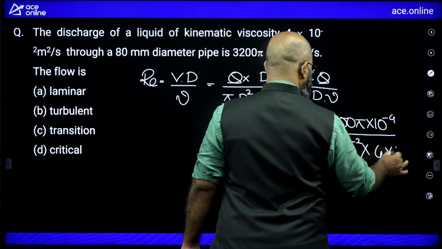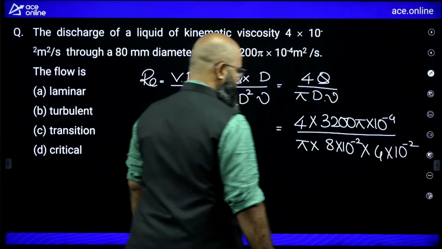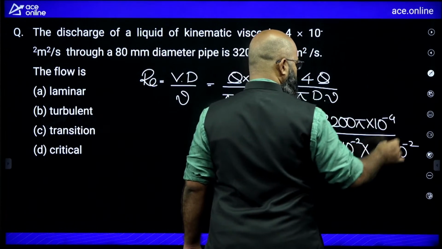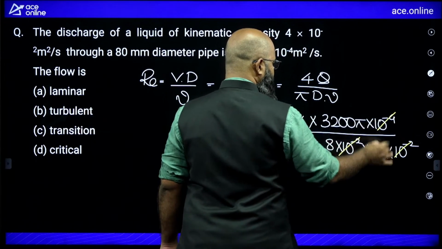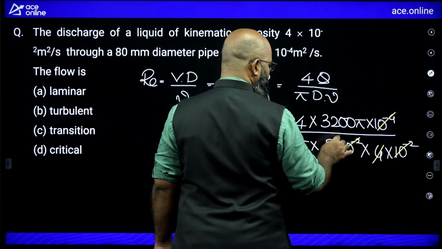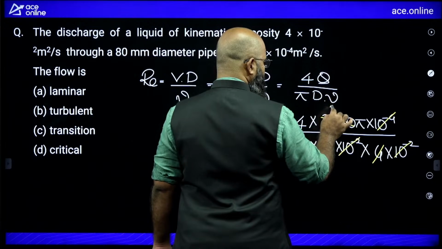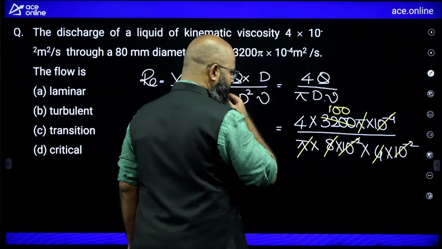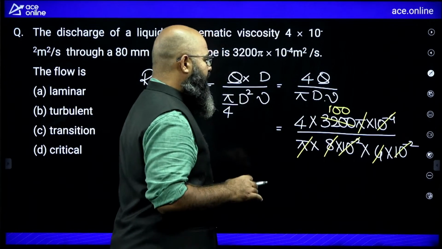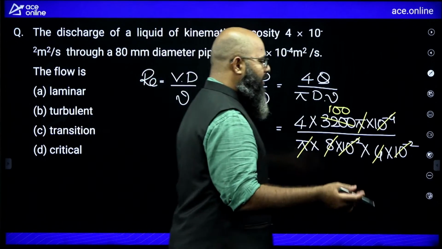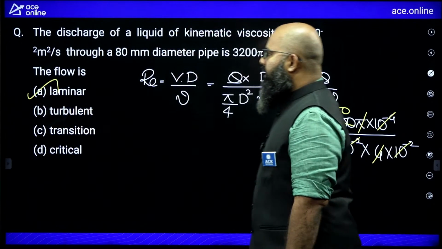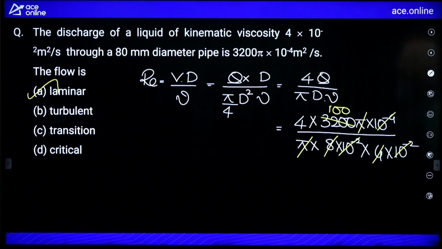Let us simplify. 10 power minus 2, 10 power minus 2, 10 power minus 4 cancel off. 4 times 8 is 32, so this makes 100. Pi cancels off. The Reynolds number we are getting is 400. 400 is well within the limits of laminar flow. The answer therefore is option A, laminar flow.